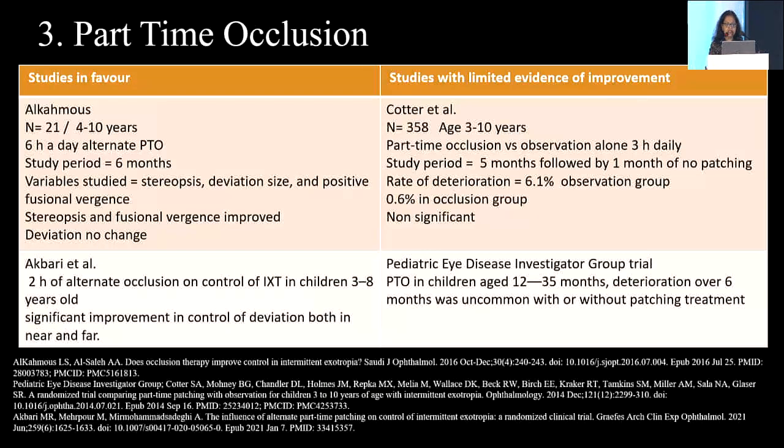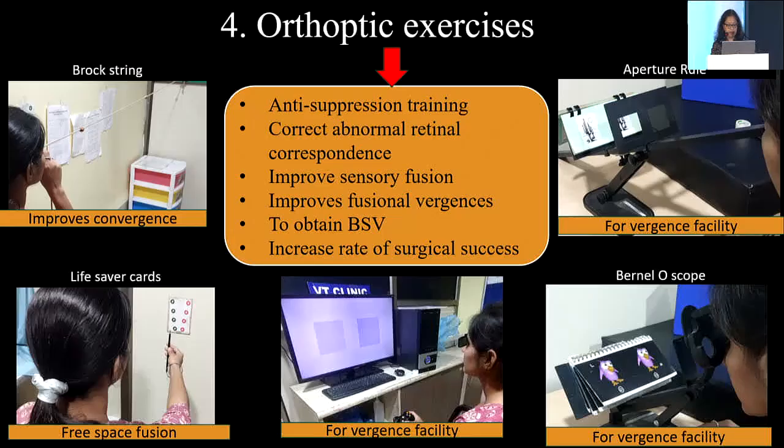There are many studies in favor of these. Akbari et al., Al-Kahmouz et al. observed good control of intermittent exotropia with part-time patching. However, the PEDIG group did not find that.